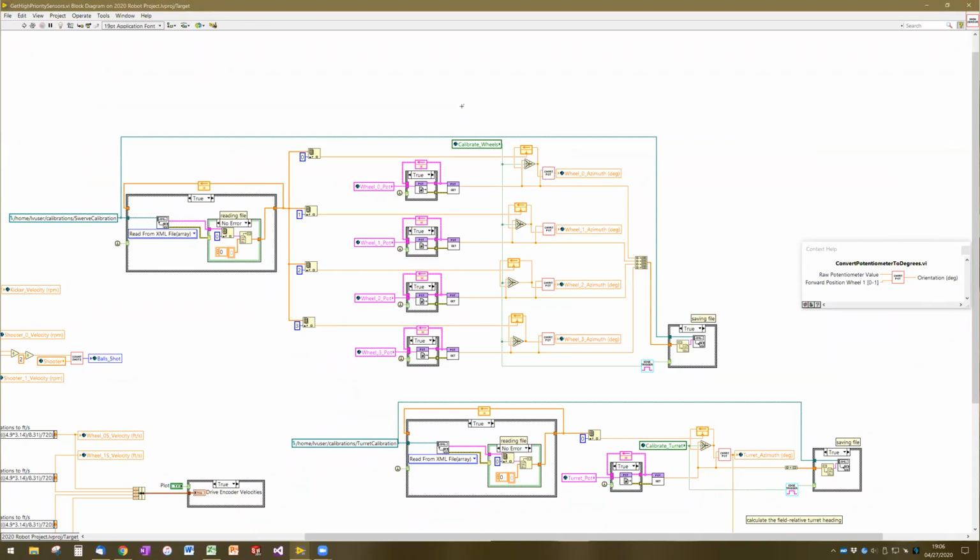So the next part that we got to do is we do need to be able to calibrate the wheels, because that 0 position is going to change, and it's obviously going to be different for each one of the 4 wheel modules. The way the calibration is handled is when the calibrate wheels button is pressed on the driver station, we read the current wheel position value and insert it into a feedback node and store in memory that calibration point.